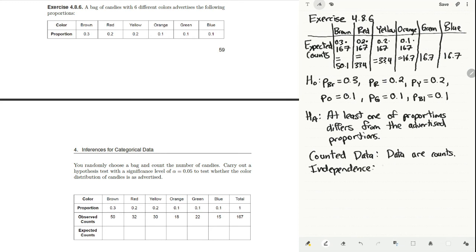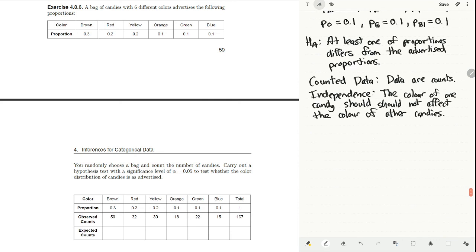So this means that the color of one candy should not affect the color of other candies. So here we check the randomization condition, and we have a random sample, so this condition is met.